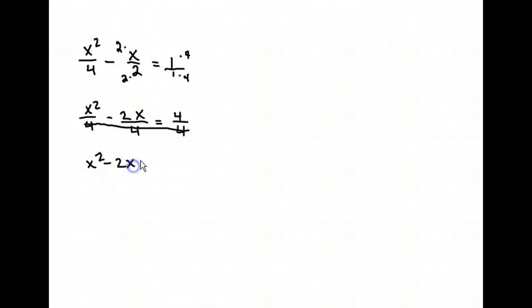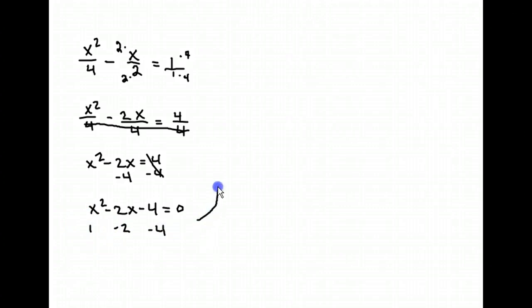In order to use the quadratic formula, everything has to be set equal to 0. So you must subtract 4 from both sides. So that will give you x squared minus 2x minus 4 equals 0. And so your a is 1, your b is negative 2, and your c is negative 4, that you will plug into the quadratic formula.